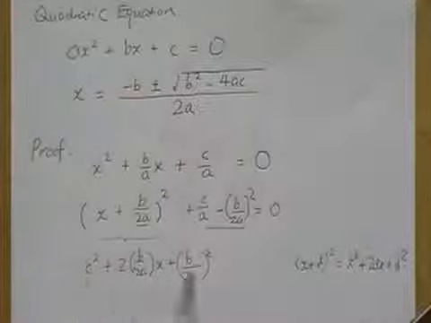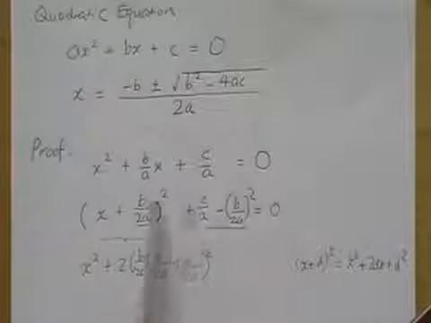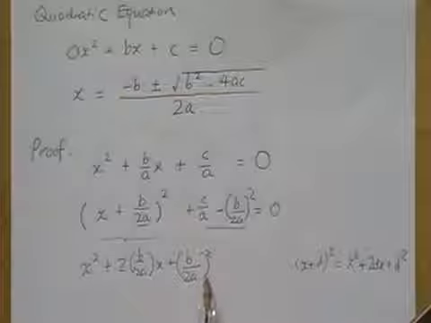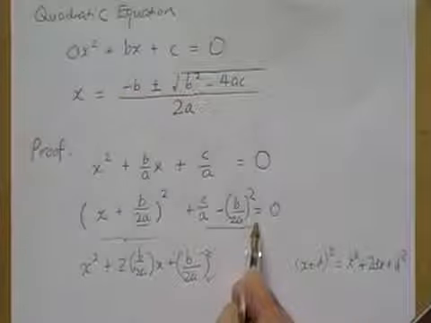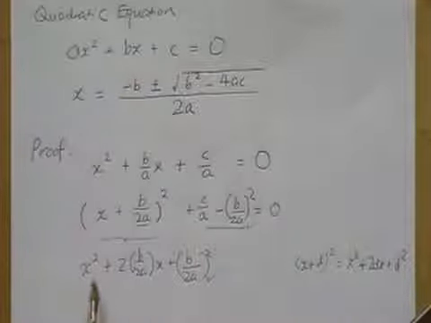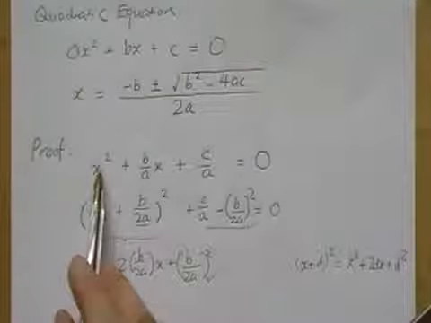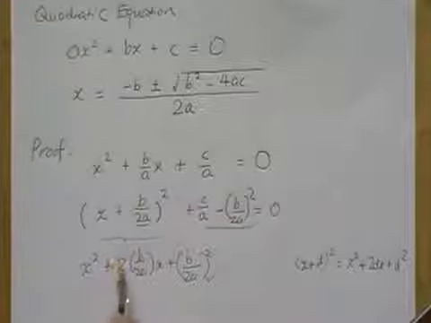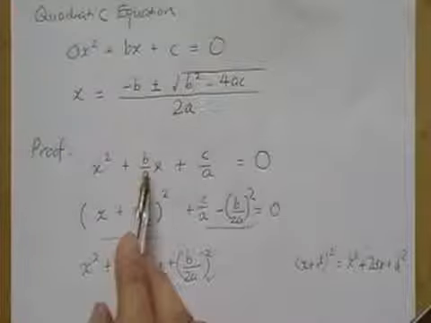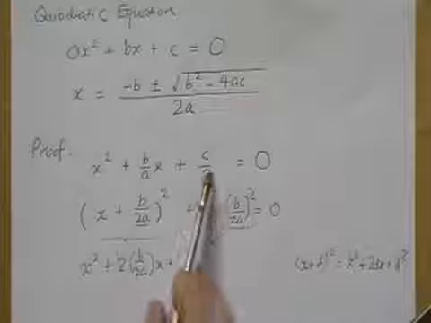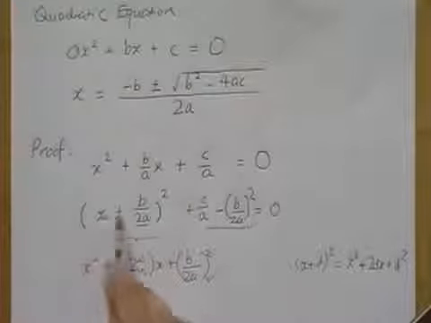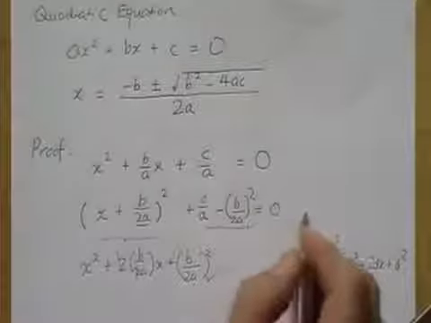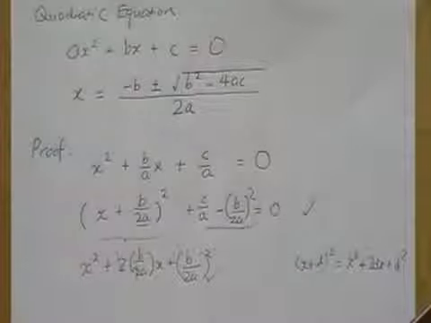Now, if you look at this lot and this lot, and then compare with this, you'll see that this and this would cancel. So those are gone. And what remains would be x squared, which is that. We have this, the 2 and the 2 can cancel, which is the same as this. And then we have c over a, which is the same as this. So that tells us that this expression is correct.